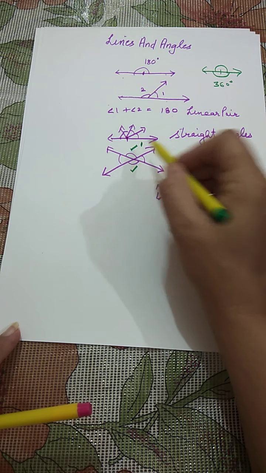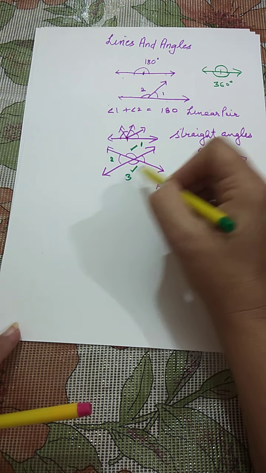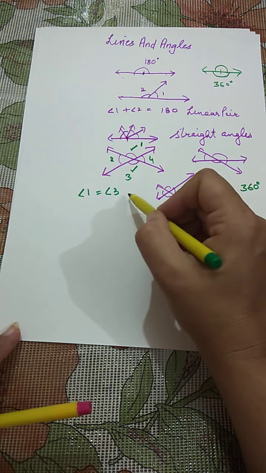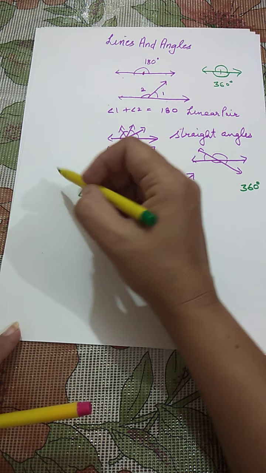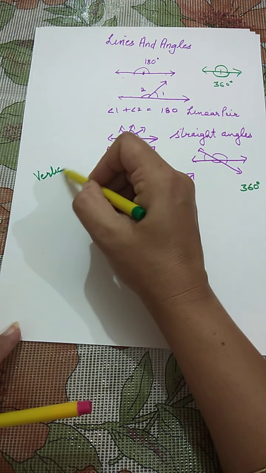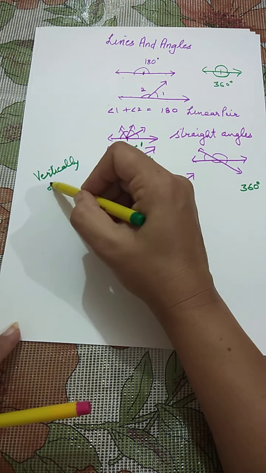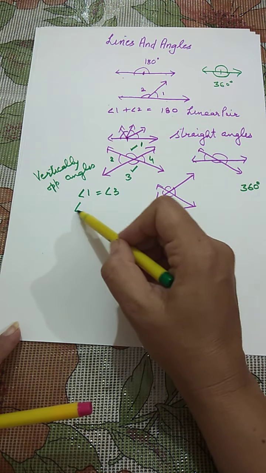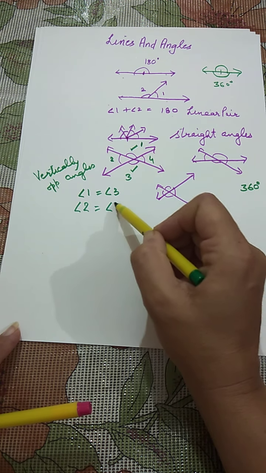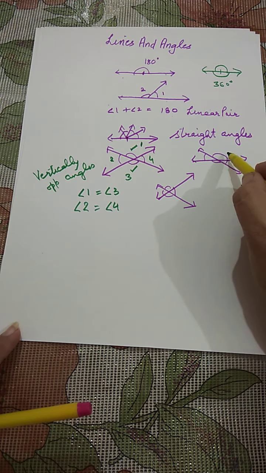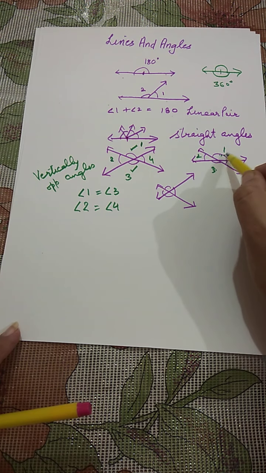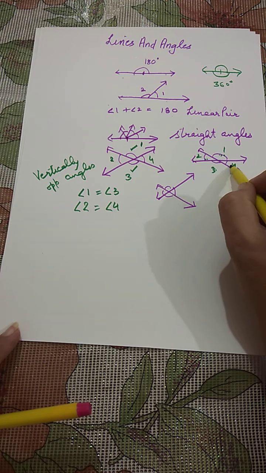If I name this angle 1, this 2, this 3, this 4, it means angle 1 is equal to angle 3, and the reason is vertically opposite angles. And over here, angle 2 will be equal to angle 4. This is the same here also: these are vertically opposite angles and these two will be vertically opposite angles.